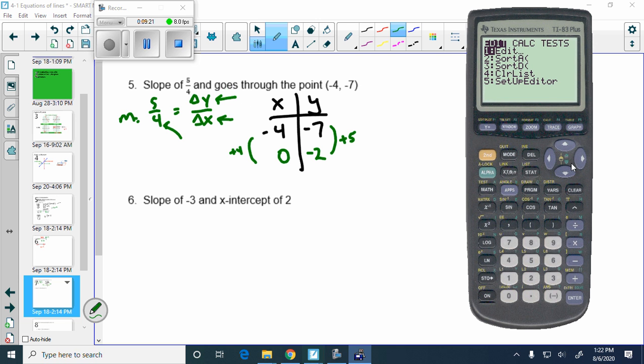Again, stat edit, enter this data, -4, 0, and -7, -2. Then stat, calc, number 4, enter. There's my point.